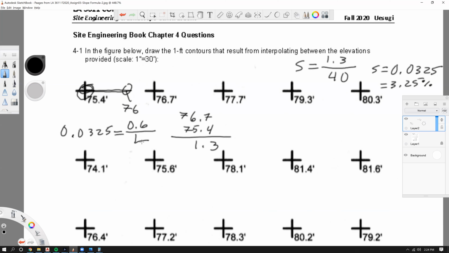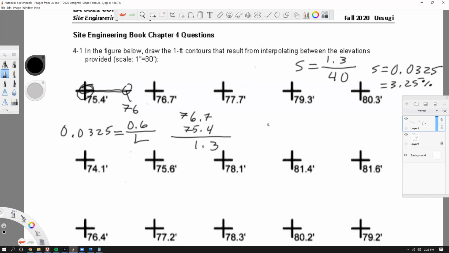Basically, you're going to switch the L and the 0.0325. Right? Yeah, because algebra.